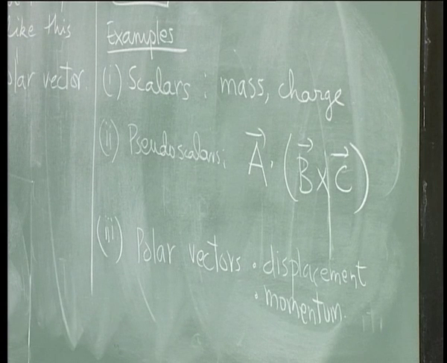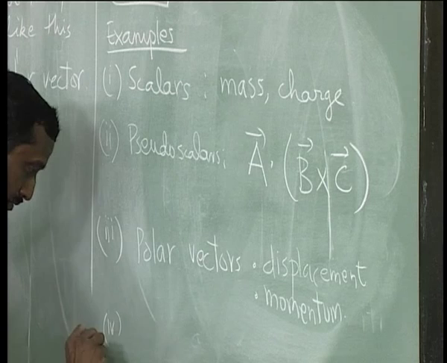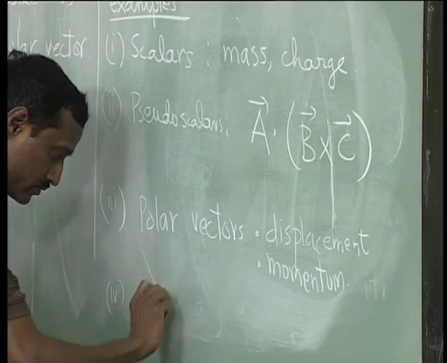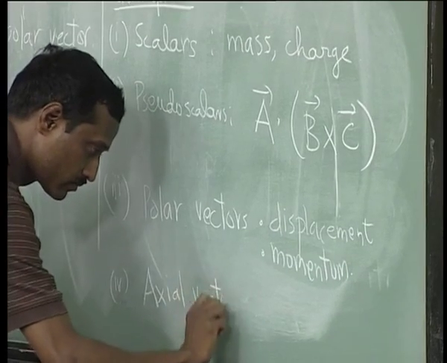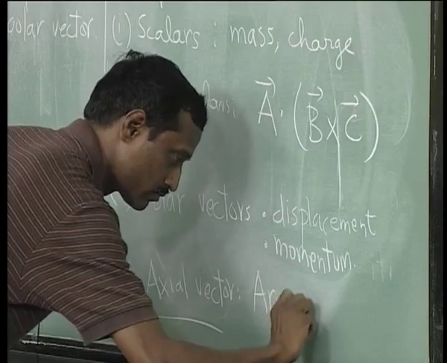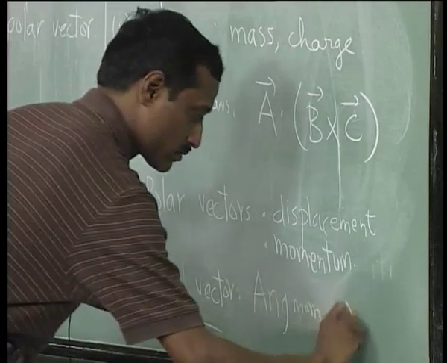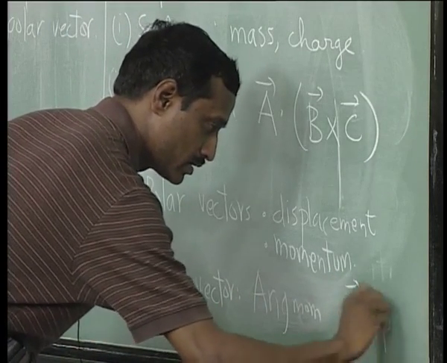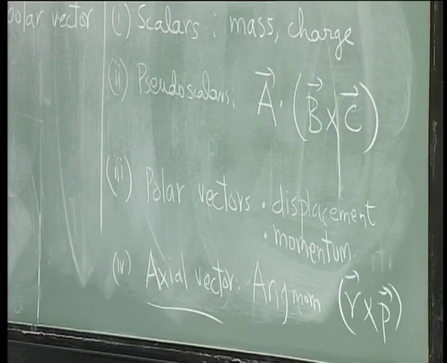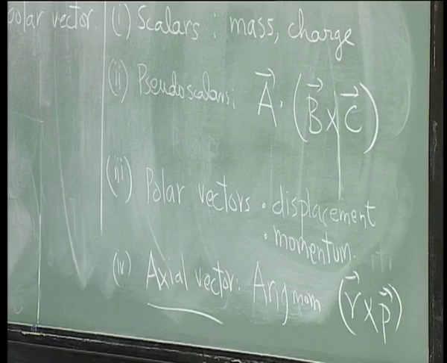Do you know what they are? What is axial? Angular momentum is an example of an axial vector. Okay, fine. Axial vectors: which is just r cross p. So, in fact, cross product of any two polar vectors is an axial vector.